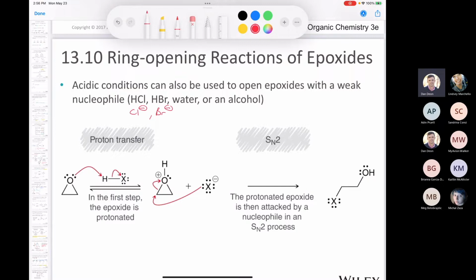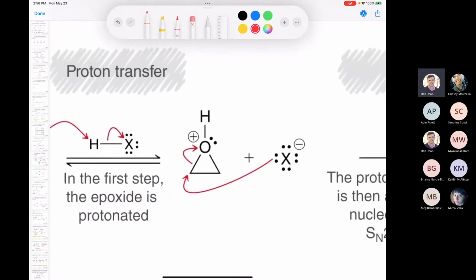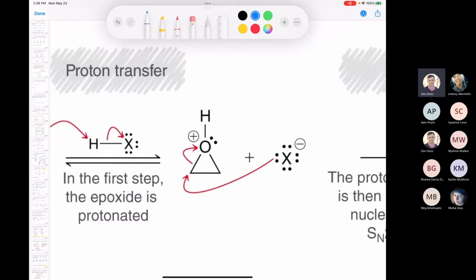Well, the first step is going to be a proton transfer onto the oxygen of the epoxide. And now that you've created this oxonium, it's going to pull electron density to try to fill in that positive charge, and that renders these carbons even more delta plus than they were before.